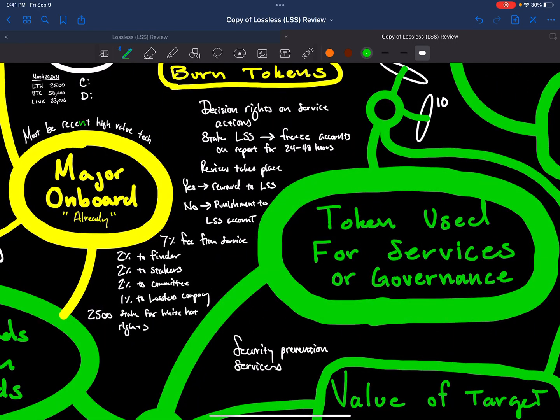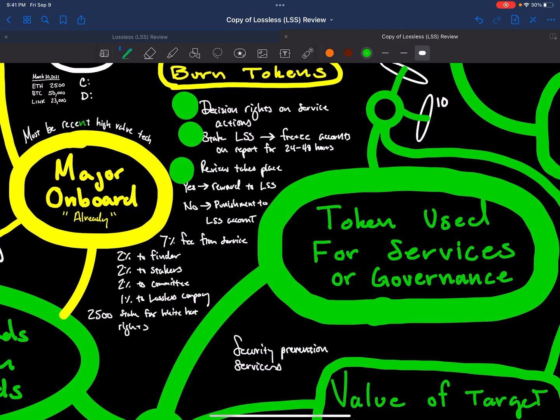Actually, I'll get right into that. The decision rights on services of action. So the token is definitely an integral part of the system. It is governance rights. It is also, you stake LSS to freeze accounts. The ability to perform the action of reporting or freezing accounts with the services provided is that token. The token is part of the decision making of the entity. The token is part of the protection services.